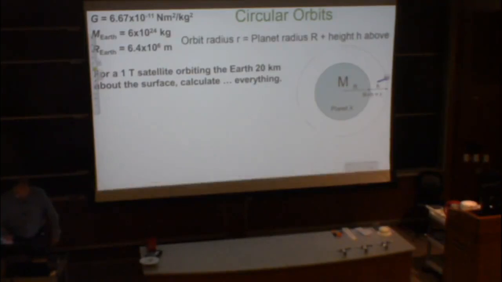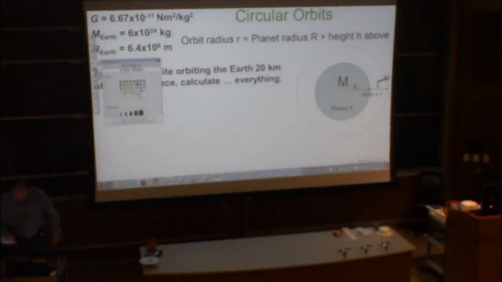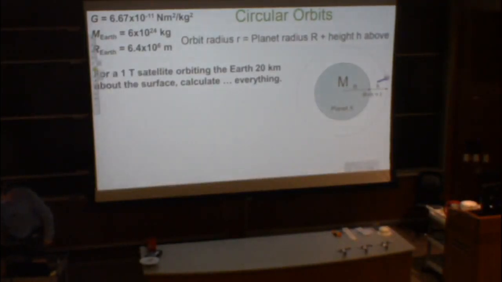There is a force of gravity acting on the satellite. The equation for the force of gravity is exactly the same as before. Just in general, we have to use the total distance from the center of the Earth to the satellite, which is equal to the average radius of the Earth plus the altitude.